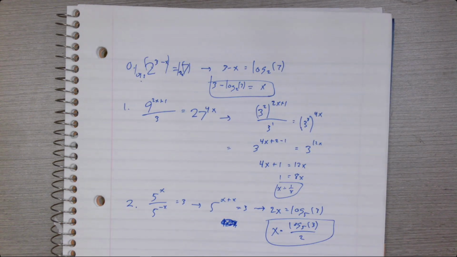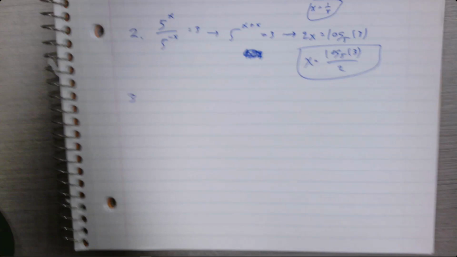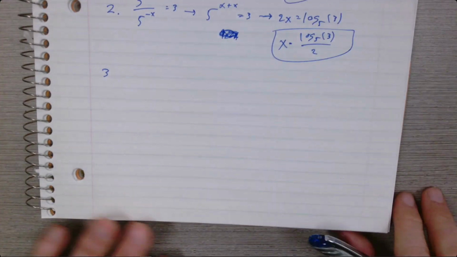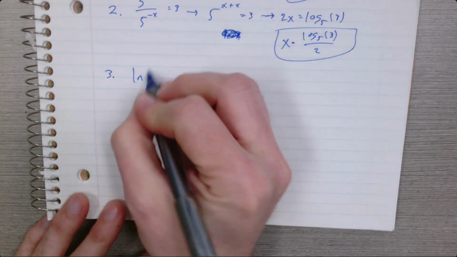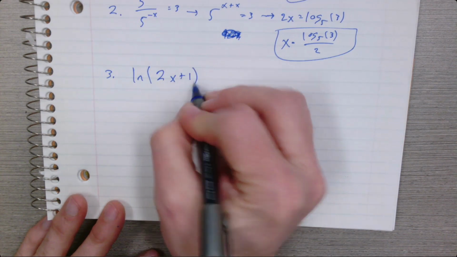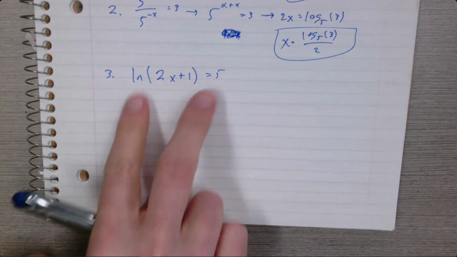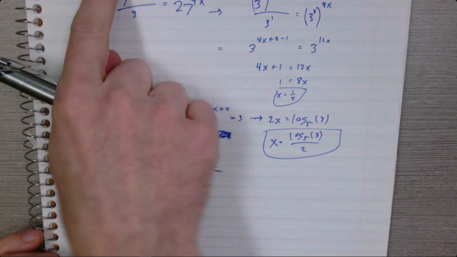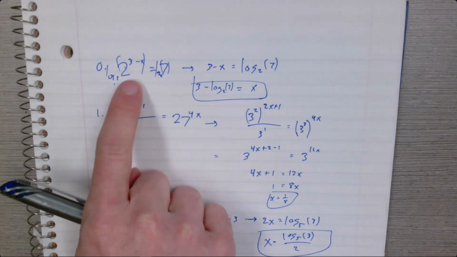Okay, 3. So ln is pronounced natural log, as you remember, and it's log base e. So log base e of 2x plus 1 is 5. This is very similar to the first one where we just had an exponential and we took a logarithm to undo it.